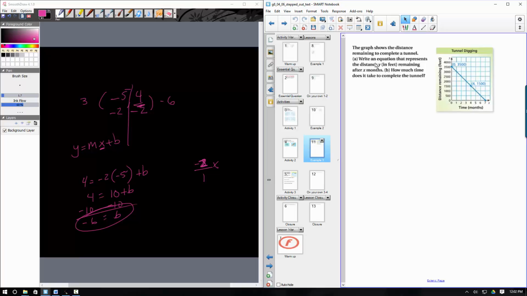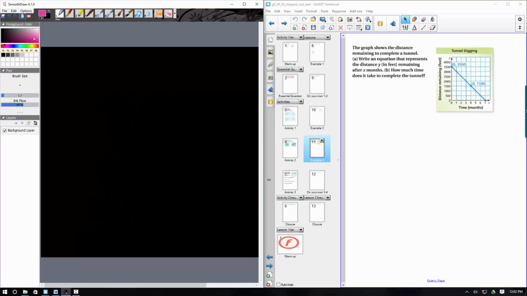This one here shows the difference. Write an equation that represents a distance in feet. So it's going down by 2,000 and over by 4. So 2,000, let me just write this down. 2,000 divided by 4 is 500, right? So down 2,000. And again, all that I'm doing is I'm putting 0, 3,500, and 4, 1,500.